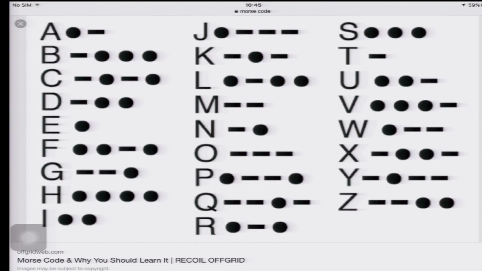E is short, the most frequently occurring letter, and then T is also 1 dash. So you can see that T also happens frequently. A also happens frequently, so it has only 2 symbols, dot and dash.